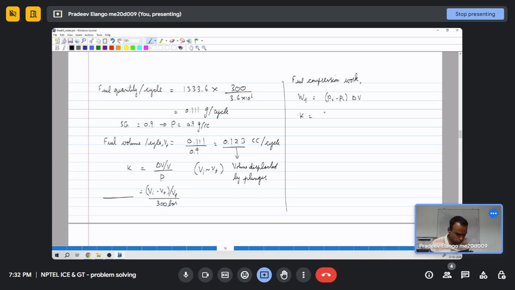K is equal to delta V by V divided by the pressure, and here the total volume is 9 cc.